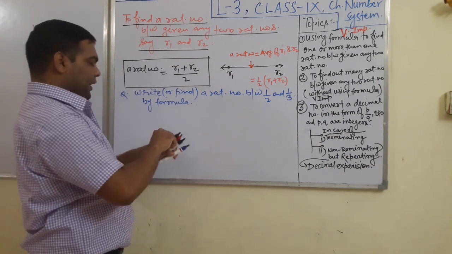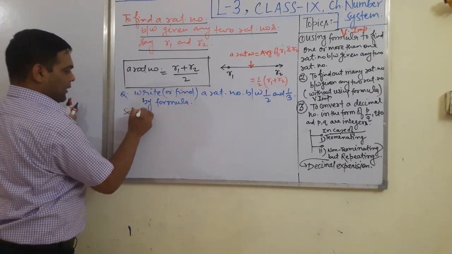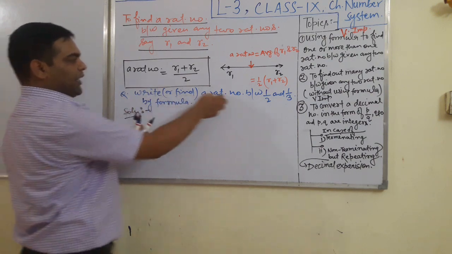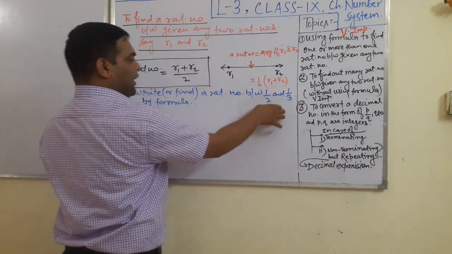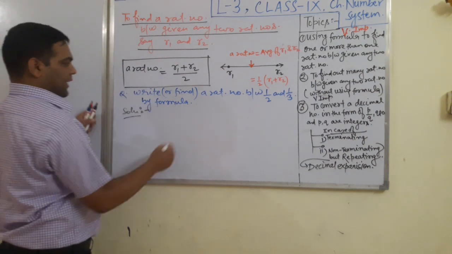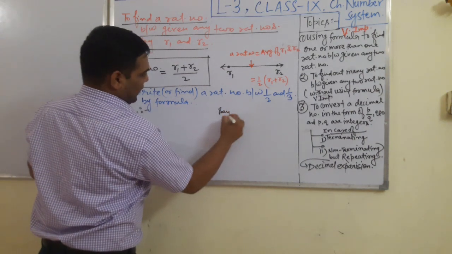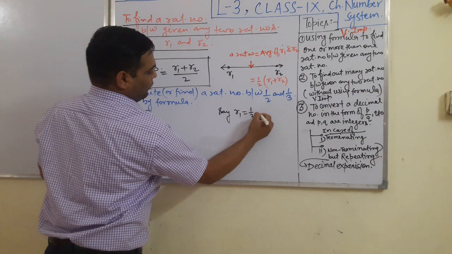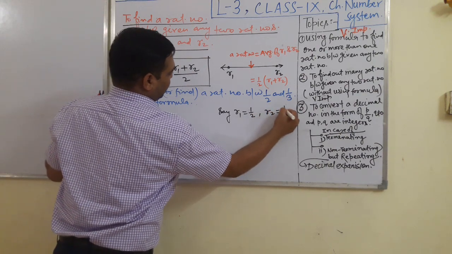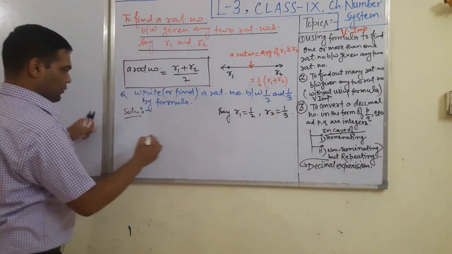So students, here we know the formula to find a rational number between any two given rational numbers. Say here R1 equal to 1 by 2 and R2 equal to 1 by 3.